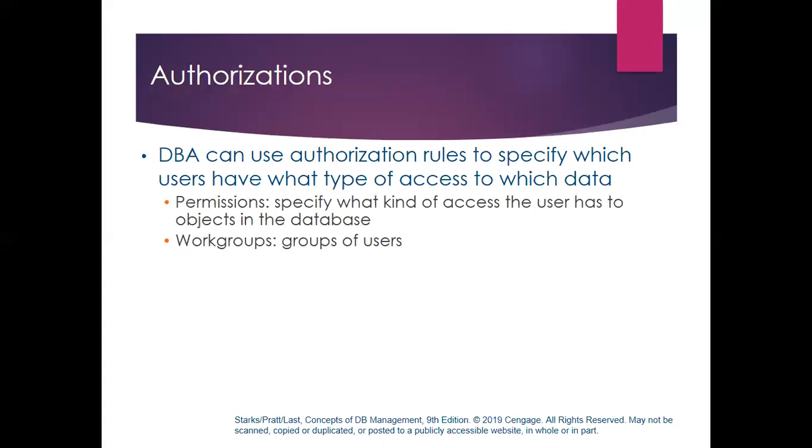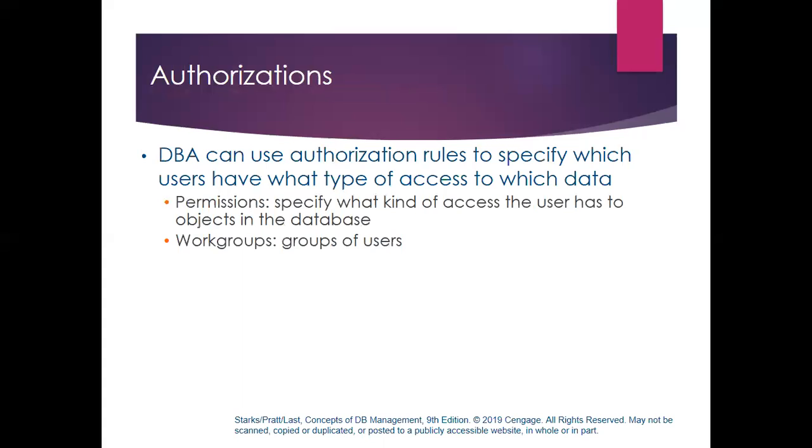Authorization. The security needs for a database are more individualized since different users tend to access the database for varying reasons. The database administrator can use authorization rules to specify which users have what types of access to which data.